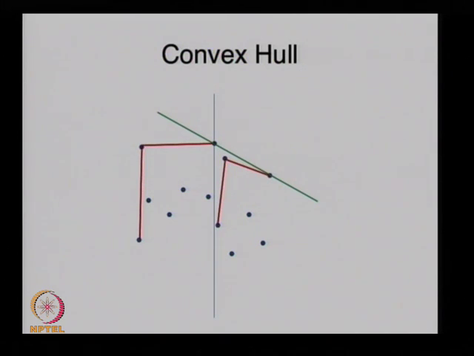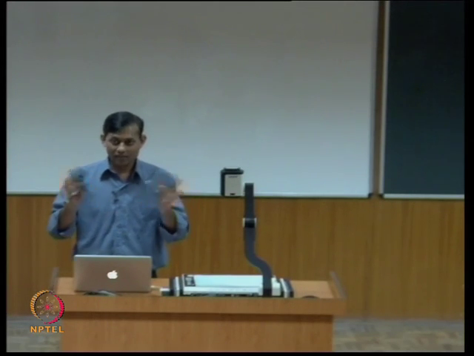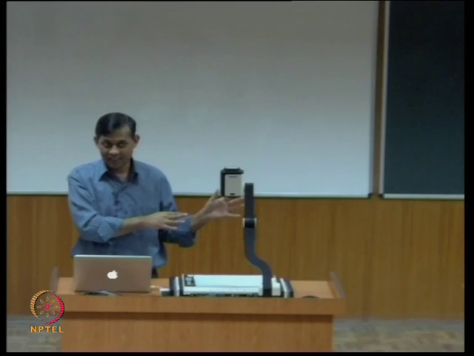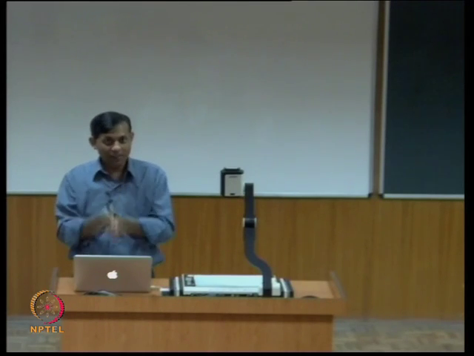But once you have found the green, what is the combined upper hull? Everything on the other side from the tangent side, right? Meaning the divider line side of both the hulls.